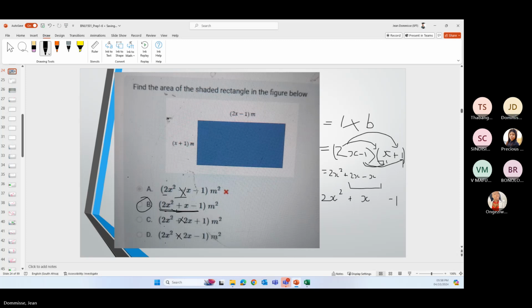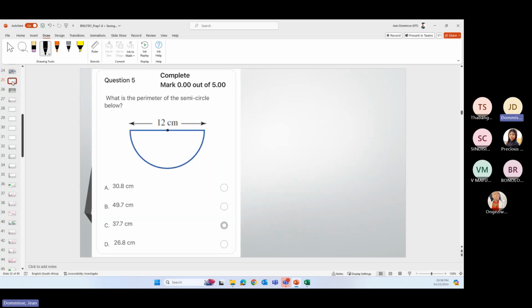Okay, so this is one of those combo questions between area and the equations.